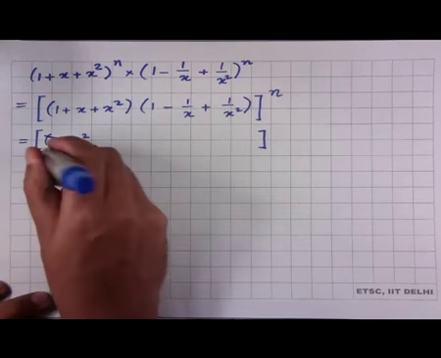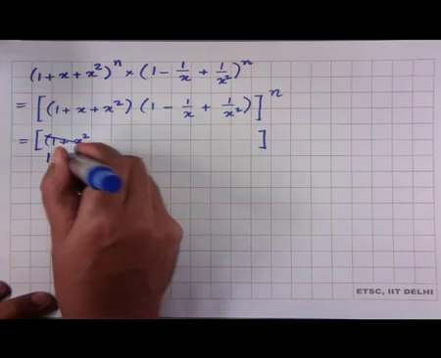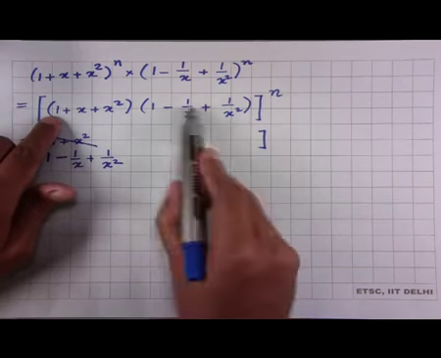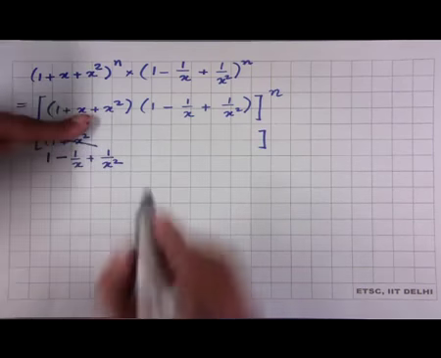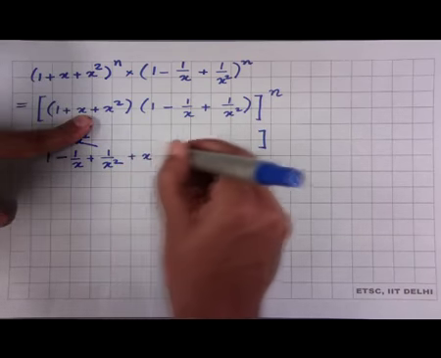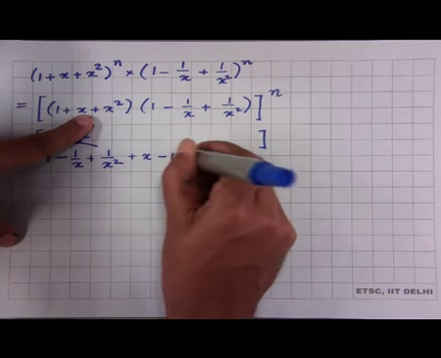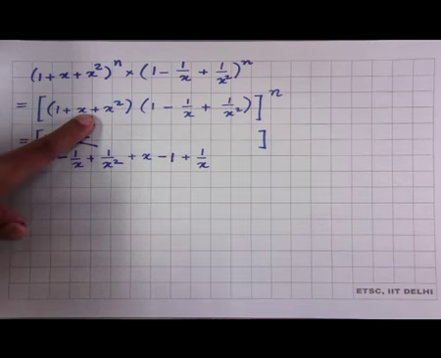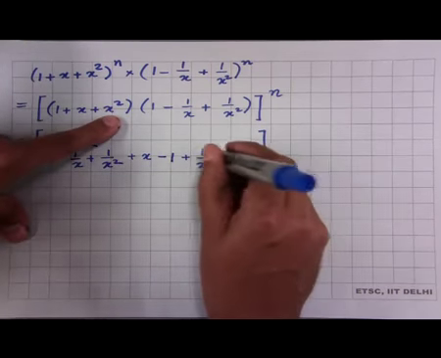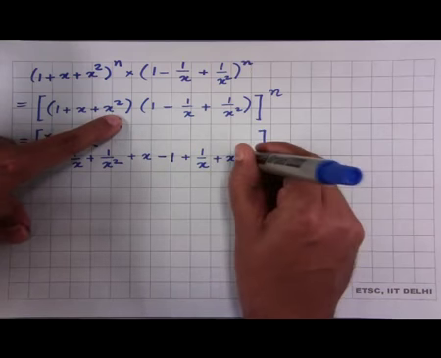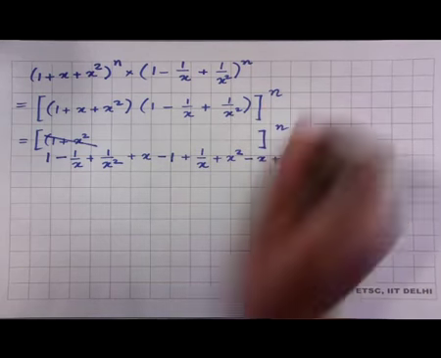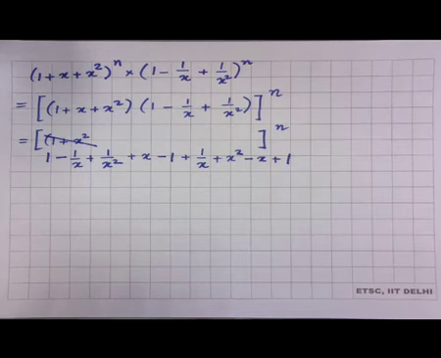I have a 1 minus 1 by x plus 1 by x squared. So, I multiplied 1 with all these 3 terms, then I take the x and multiply with all these 3 terms. And finally, I take the x squared and multiply with these 3 terms. And then there is a lot of cancelling out.